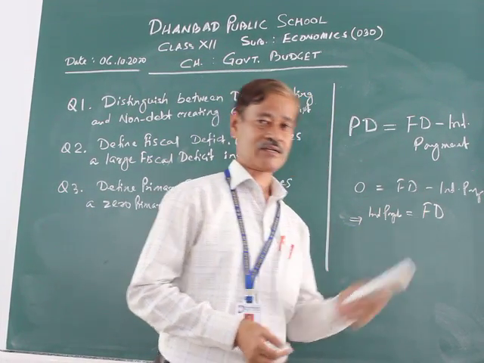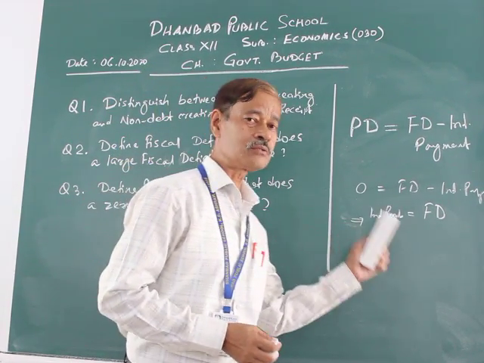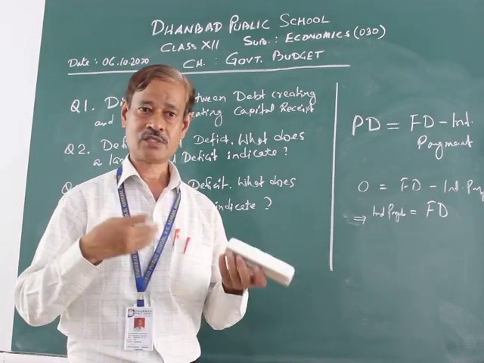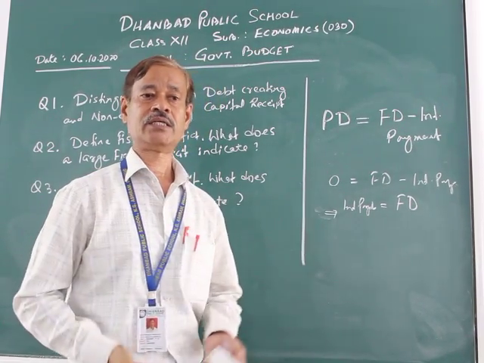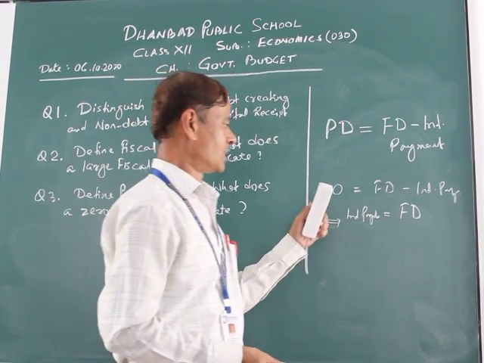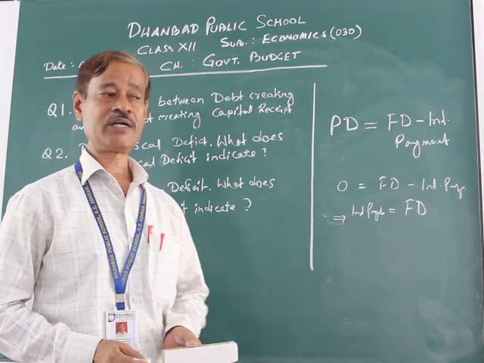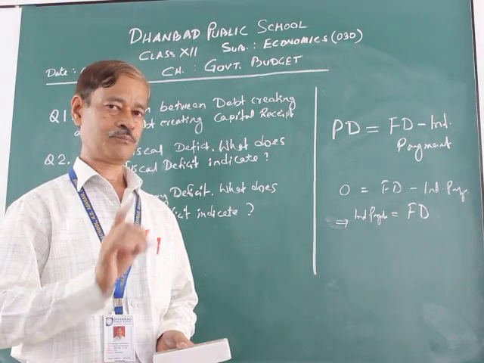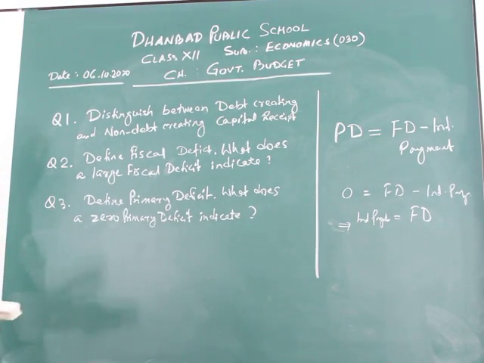Thus, it shows that the government is borrowing just to pay the interest on the previous loans. This implies that the government is not able to collect revenue even for the payment of interest. Thus, a zero or low primary deficit indicates that the government is borrowing just to pay the interest on previous loans. Clear? Now, after this, we shall come to the next questions.